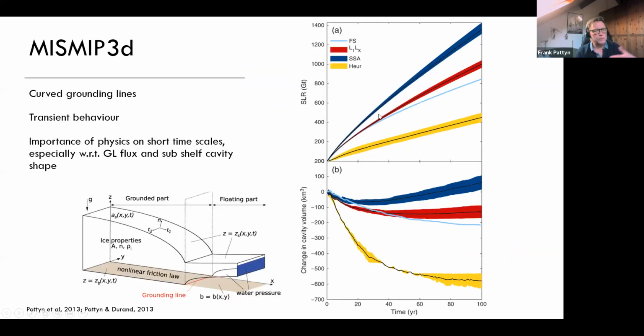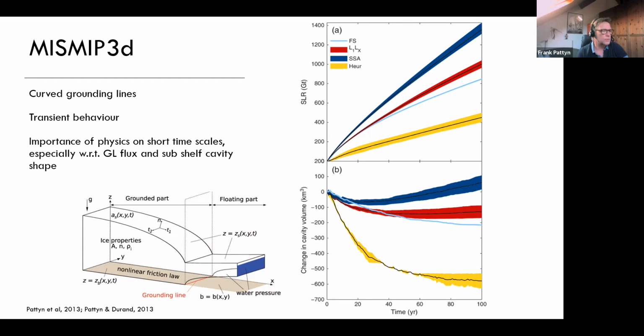The second step was to put this into 3 dimensions, knowing that buttressing also plays a role. Yeah, ice shelves are not everywhere unbuttressed in the Antarctic ice sheet. They have a back stress that they exert on the grounding line. And so this was an experiment to reproduce curved grounding lines.